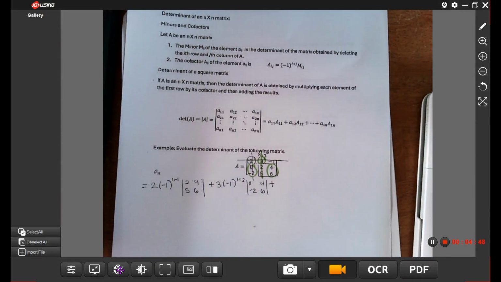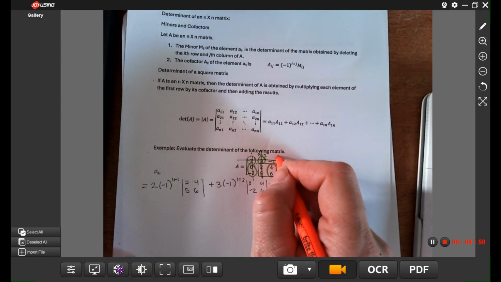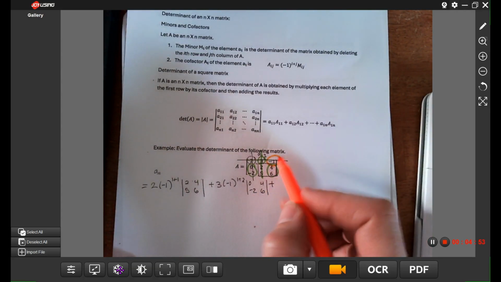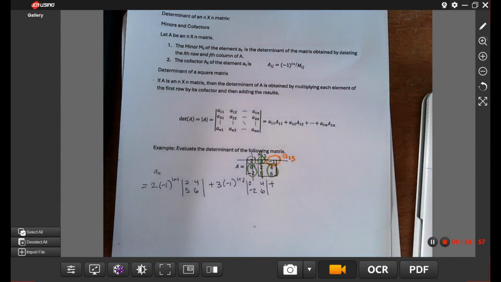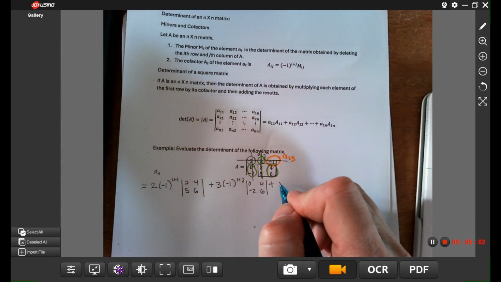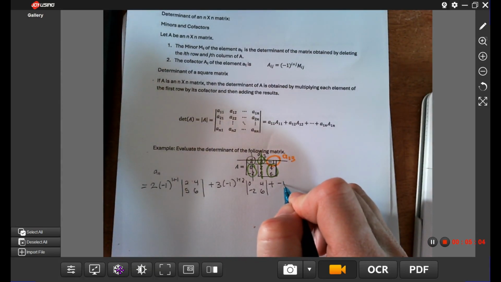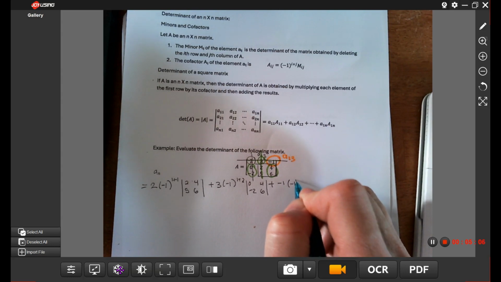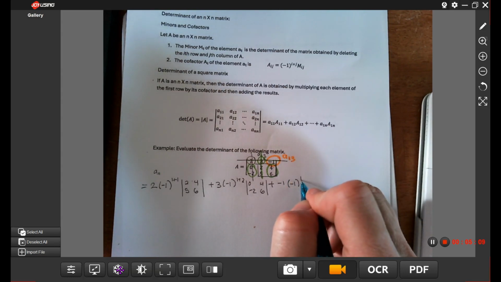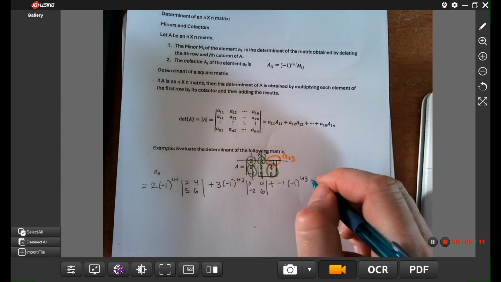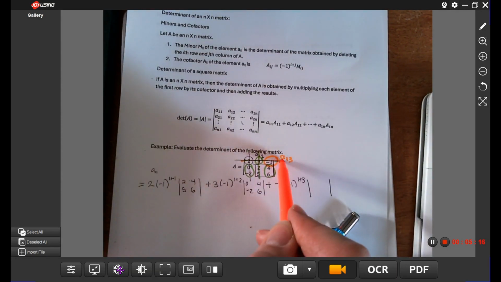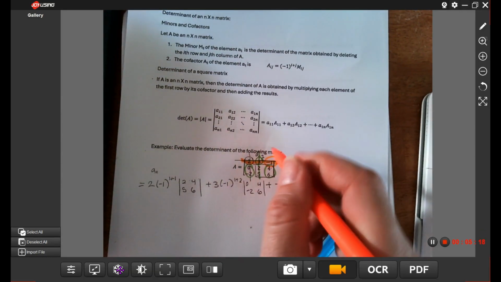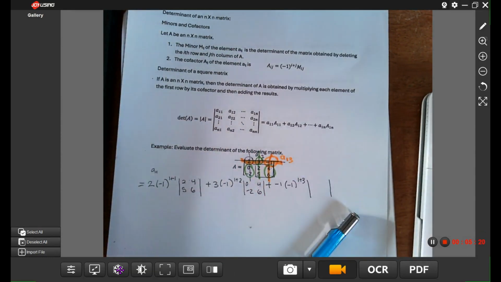Now I'm moving on to the next entry in row 1, and that's A sub 1,3. That entry is negative 1, and then I multiply that by negative 1 to the power of 1 plus 3, and I multiply that by the determinant that remains when I delete row 1 and column 3.